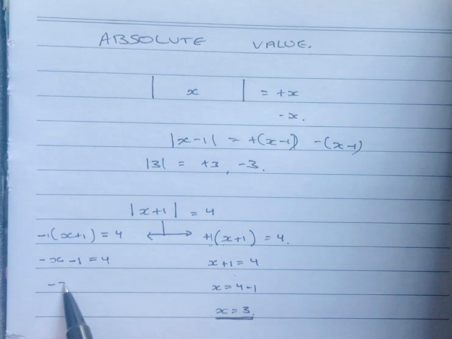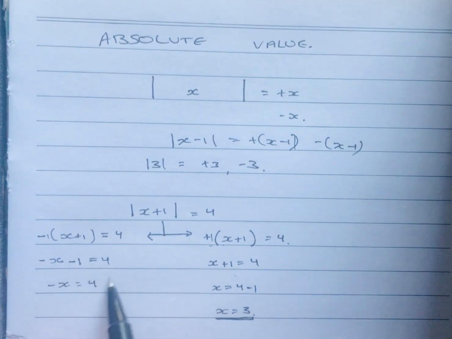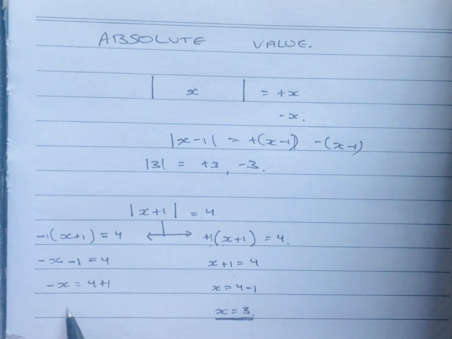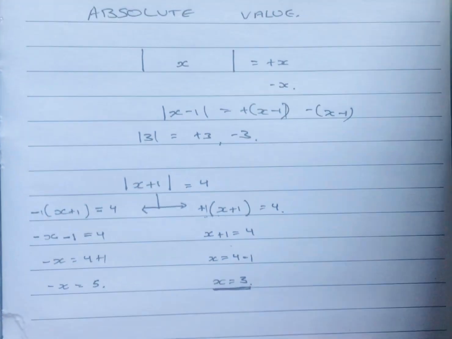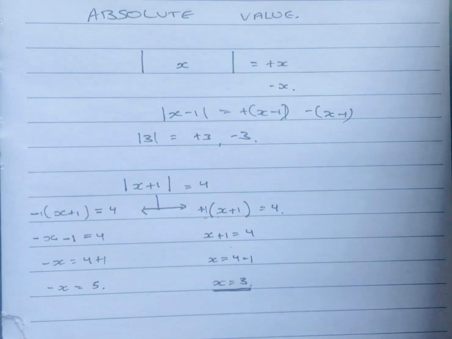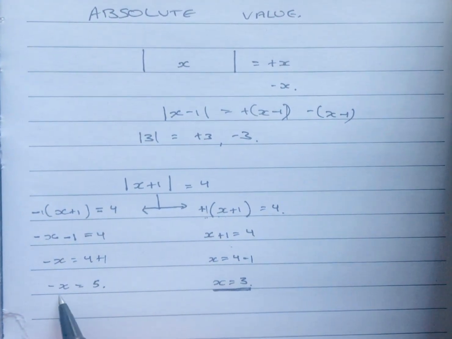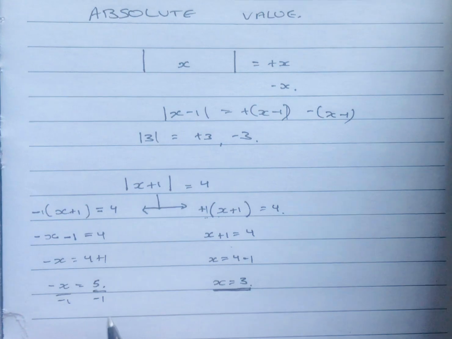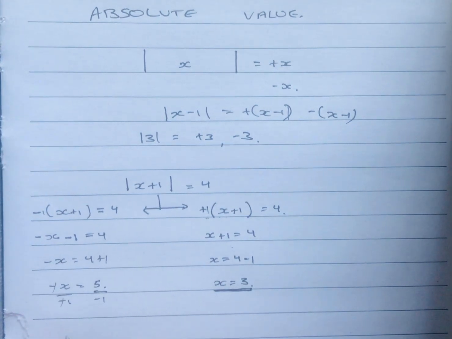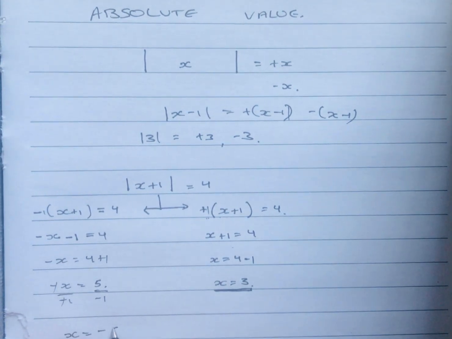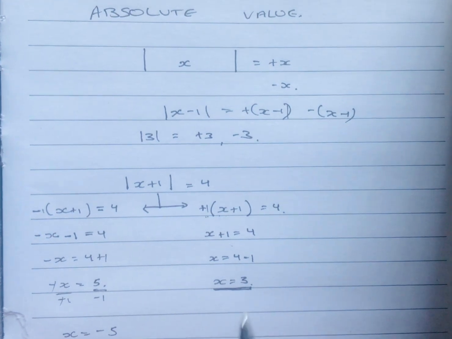So we put x on one side, take the 1 there, because it was minus 1, it will become plus 1. Now we have negative x is equal to 5. But we don't want negative x, we want a positive x alone. So you divide by negative 1 on both sides, and the negatives cancel out. Now you have x is equal to negative 5. So these are your answers.